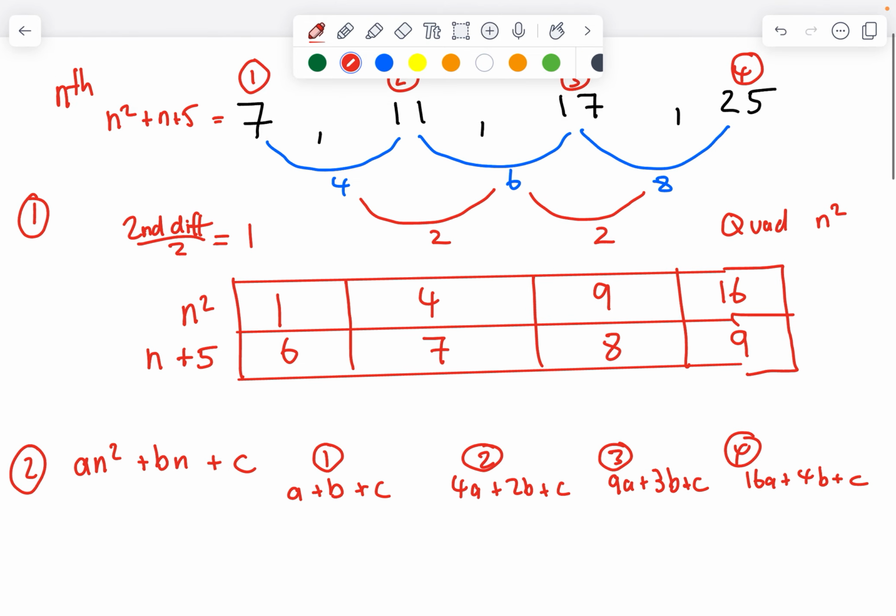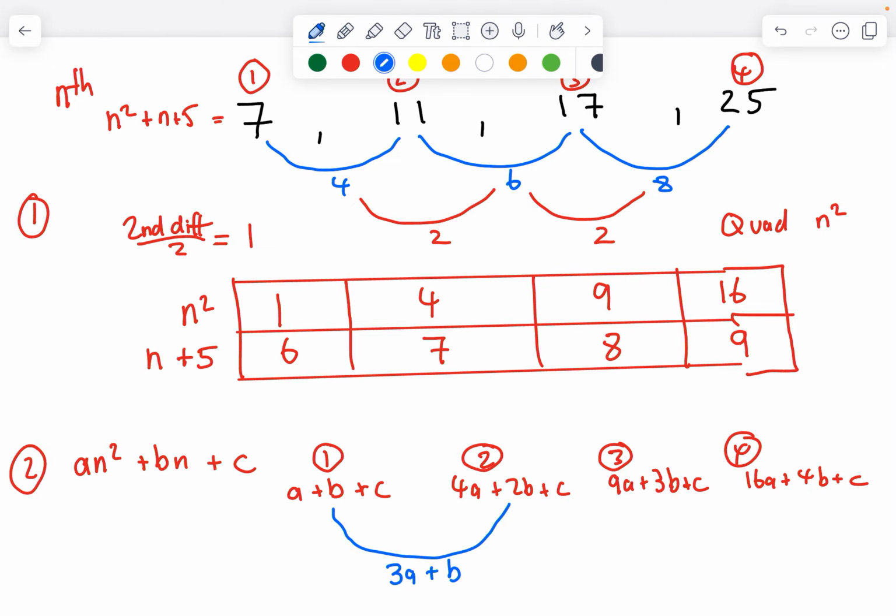How does this help us? Well, if I look at my differences, the difference between the first term and the second term is 3a plus 1b. Because I've gone from a to 4a, I've gone from b to 2b, but c is the same.